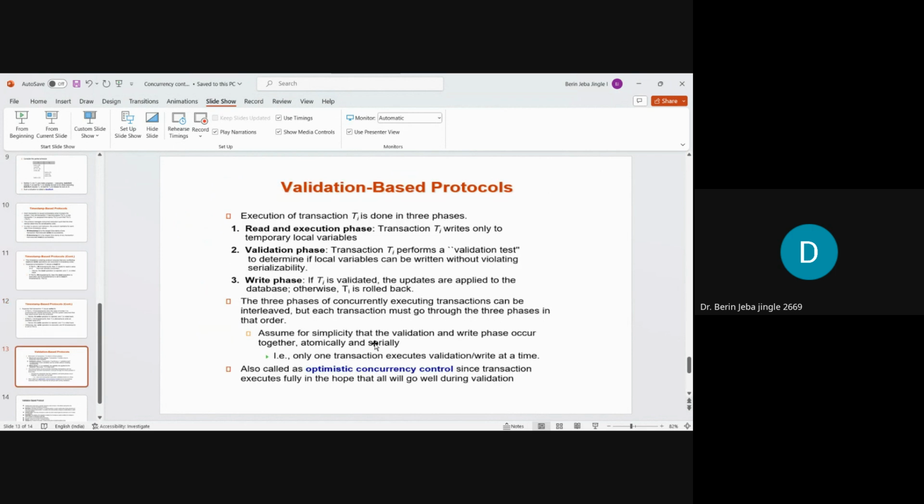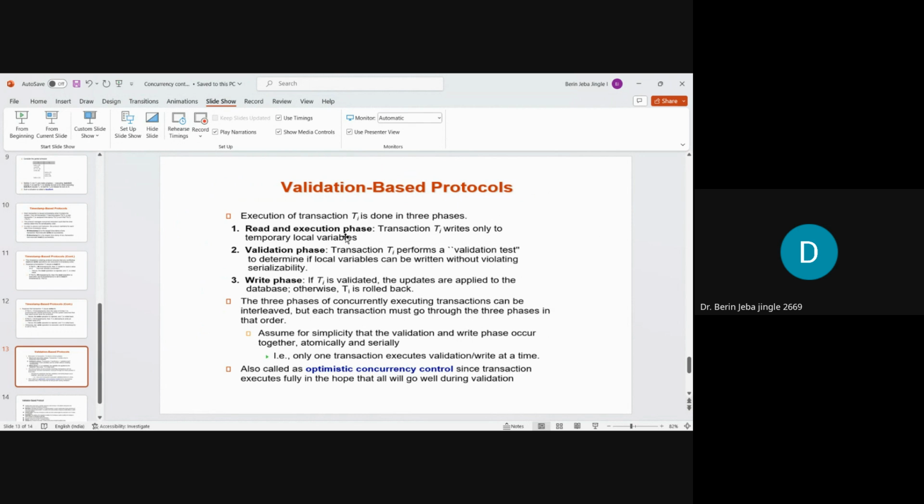The last is the validation based protocol. In the validation based protocol, there are three phases: read and execution phase, validation phase, and write phase. In the read and execute phase, transaction TI writes only to temporary local variables.